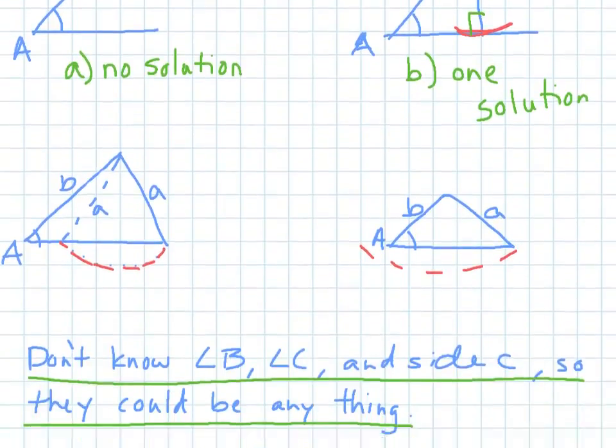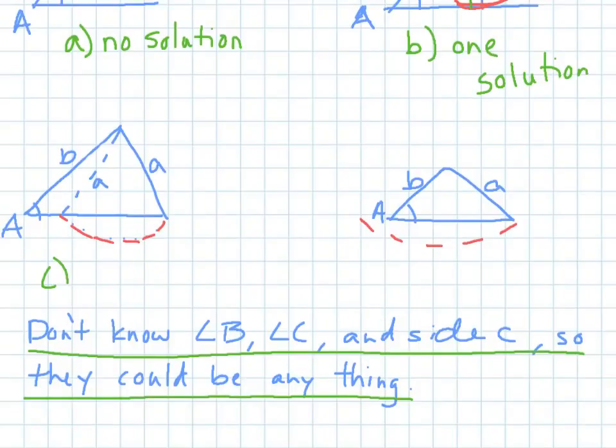So then now, letter C. Now if you notice, this one's a little screwy. The no solution and this one are the weird ones. This one is angle A and side B are just right, where side A can actually touch two places on the ray for angle A, so that's side C. Because we don't know side C, this is what makes it possible, because side C could be whatever it wants to be at this point.